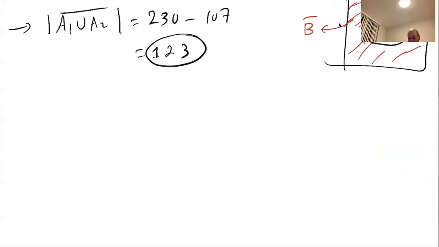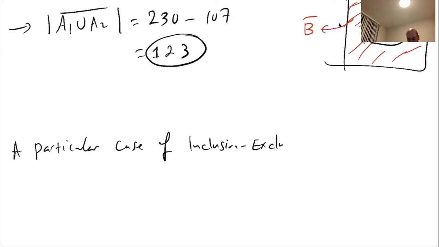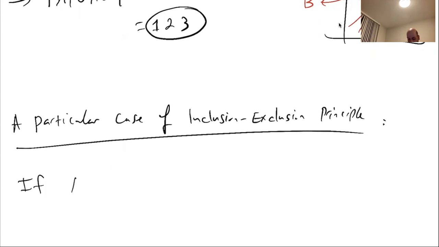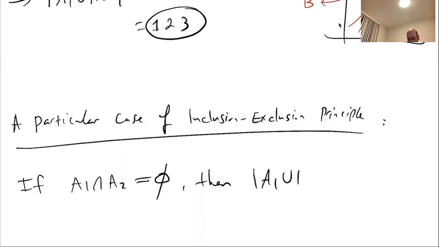Okay, I also want to mention some specific cases of the inclusion-exclusion principle. A particular case of the inclusion-exclusion principle: if A1 intersection A2 is equal to the empty set, then what can I say about the number of elements in A1 union A2?